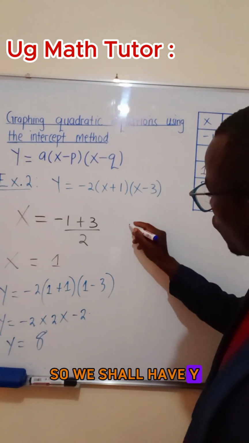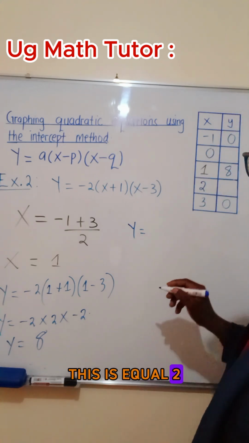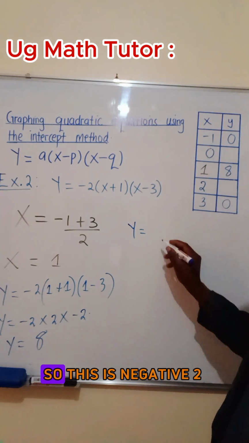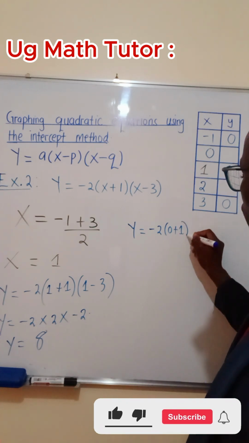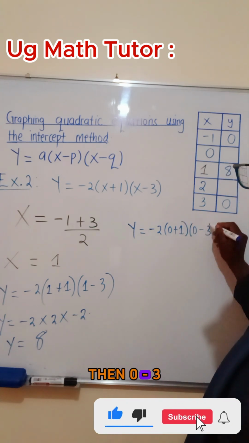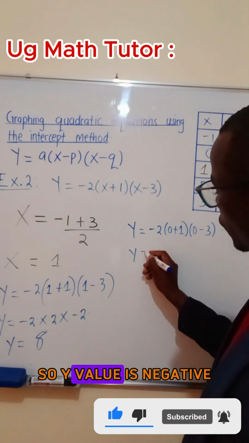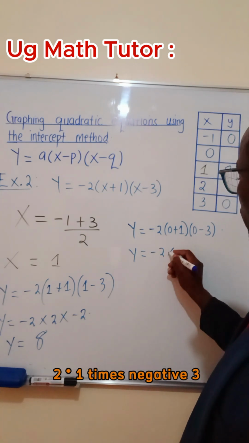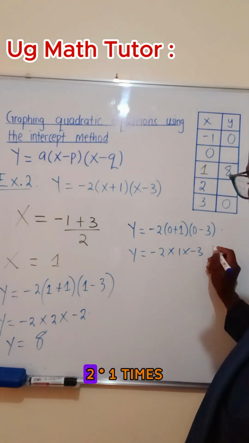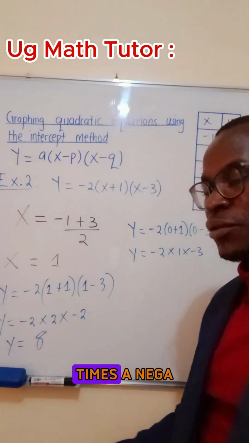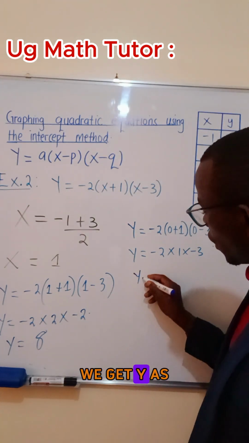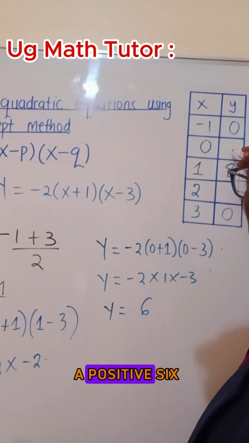So we shall have y equal to, I'm going to begin with a 0. So this is negative 2 into 0 plus 1, then 0 minus a 3. So y value is negative 2 times 1 times negative 3. So negative 2 times 1, we get a negative 2. Negative 2 times a negative 3, we get y as a positive 6.